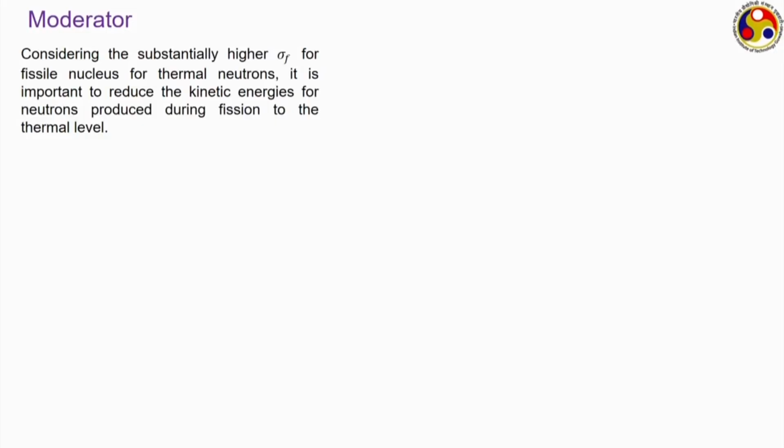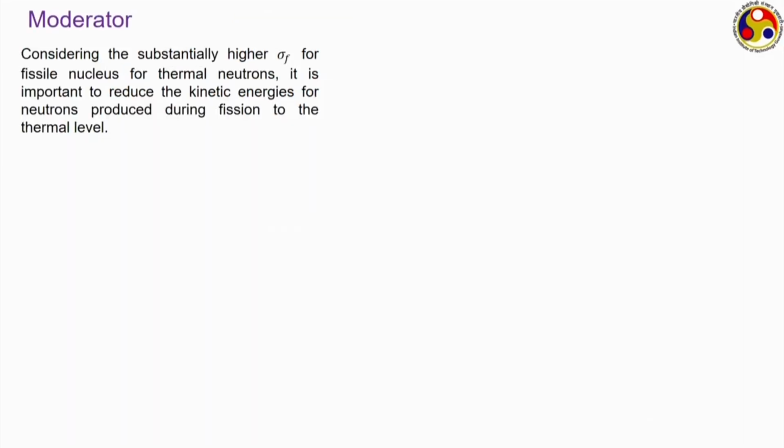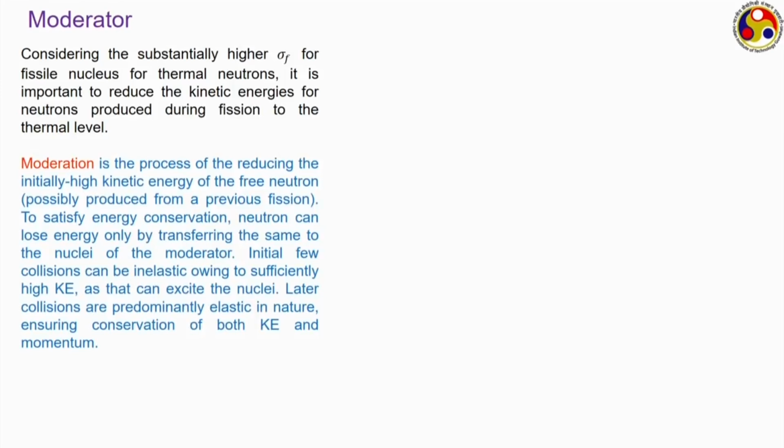As we have just seen in the previous slide, for the example of uranium-235, we are talking about a difference of 583 and 1. So, we must reduce the neutron energy to the thermal energy level, and then only we can have a significant amount of fission inside a reactor, and the corresponding process is called moderation.